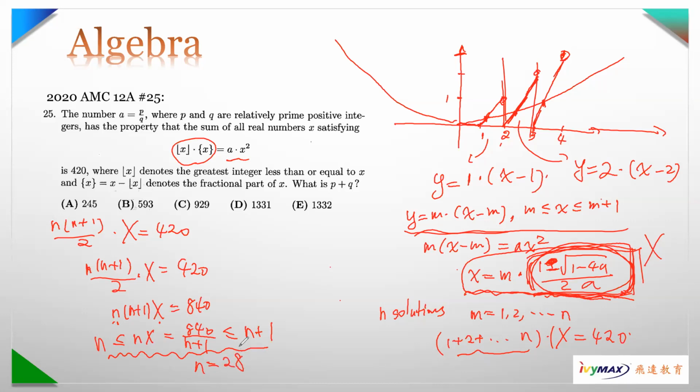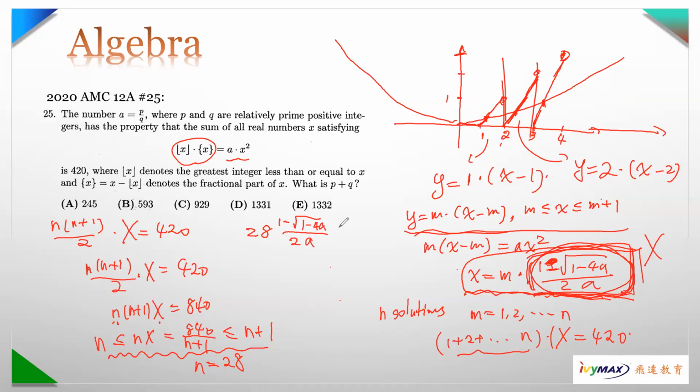Okay, after that, I plug back into it. I got 28 times this big X. So now I need to find the exact expressions: 1 minus 4A over 2A.